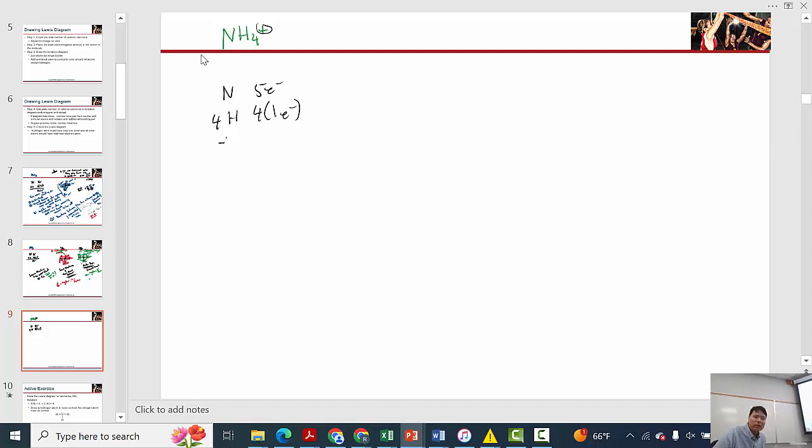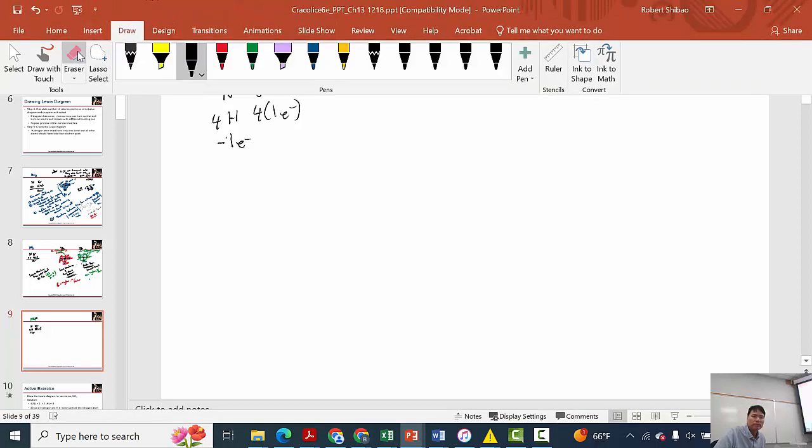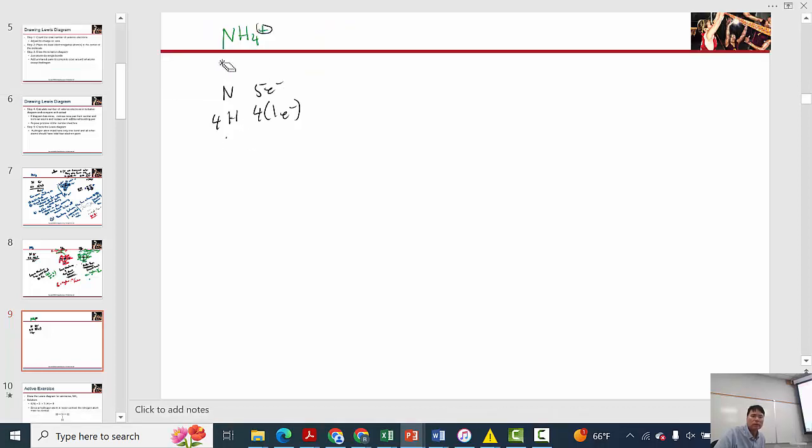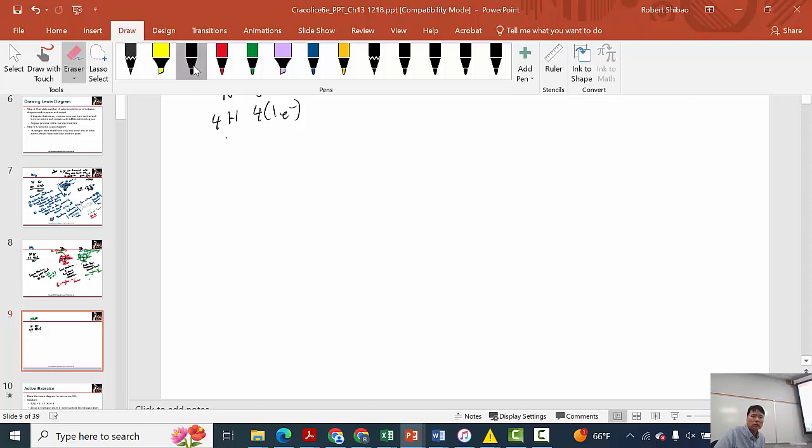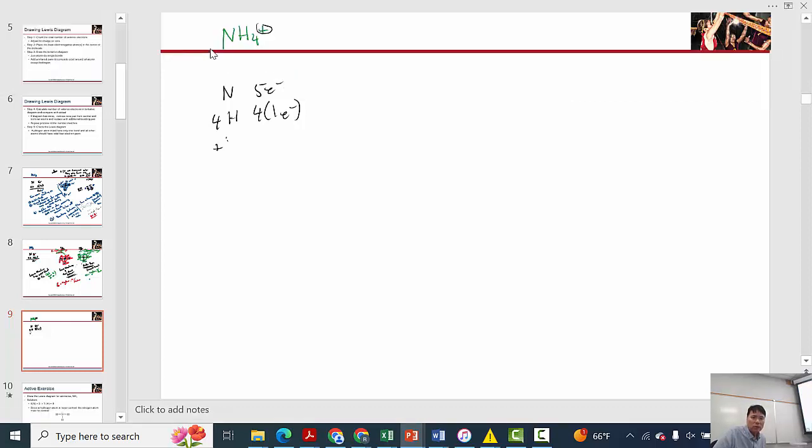And so we have to account for that lost electron here. It's going to be -1 electron because of this plus charge. Oops, actually, I offset this. Let me redo that. So the +1 charge means -1 electron. So it's opposite, so it's kind of funny. So what we end up with is not 9 electrons. What we end up with is 8 electrons.